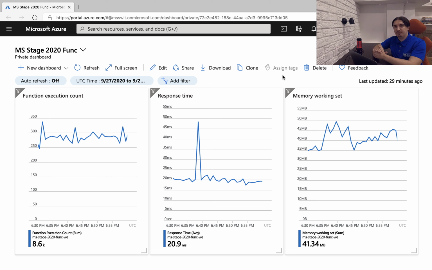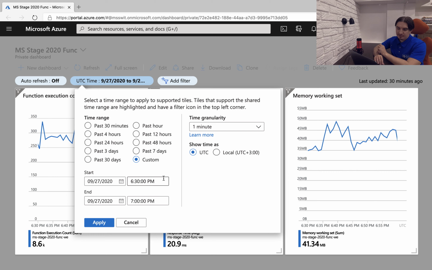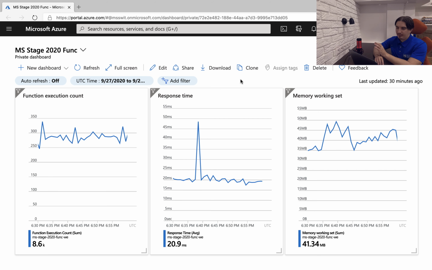So this is the dashboard for one of those hosts. This is only for the Western European host. Let's check this first. I have 30 minutes of logs, and the granularity of those logs is 1 minute. This is very important. First of all, let's check the function execution count.